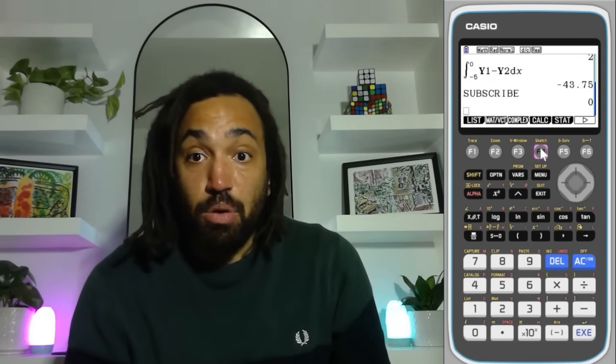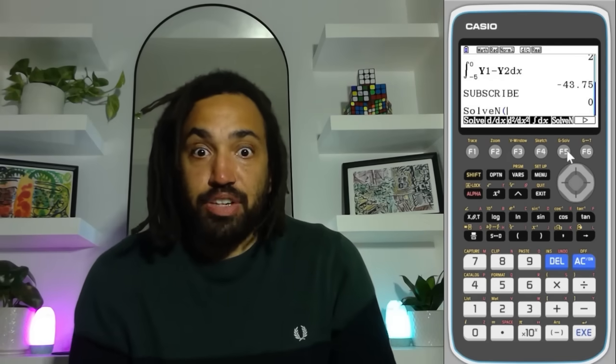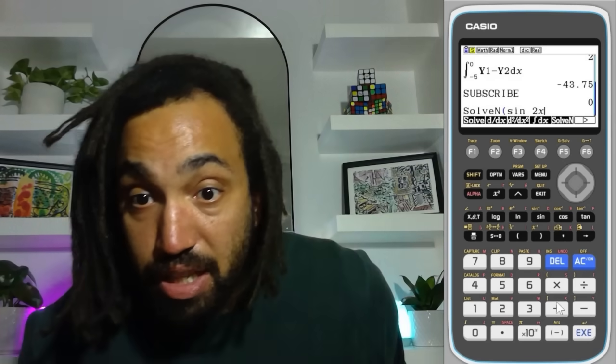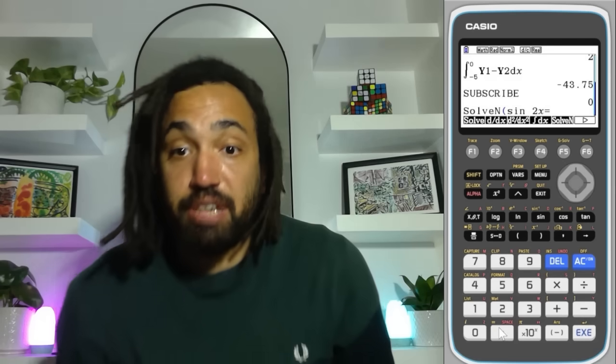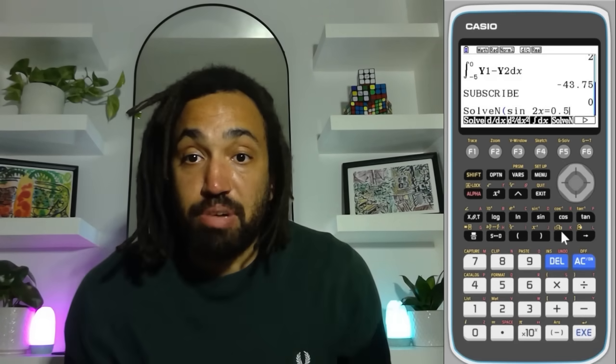SolveN, click Calc on the option screen, and then go to SolveN, and you can solve any equation you want. So let's solve sin 2x, for example, and you have to find the equals button, which is really hard to find. You press Shift, and then it's somewhere, it always takes me ages. I think it's the decimal point. There it is, bosh. And let's say that equals 0.5, and then you press comma.